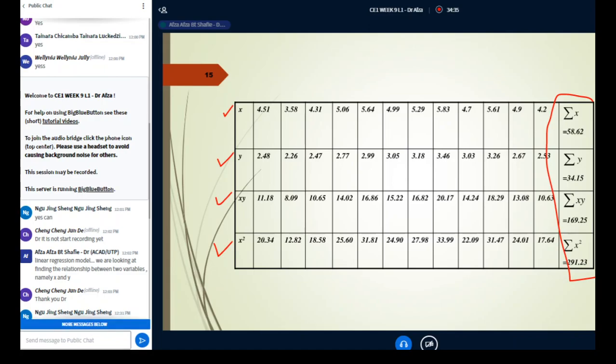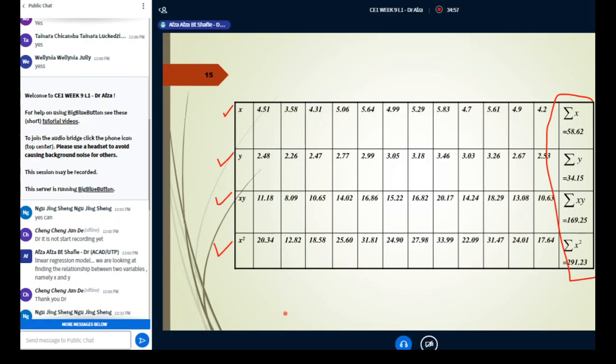Because we have minimized the error, for that reason we don't need to calculate. All right. So this is what we do to get the value of the beta naught and the beta.